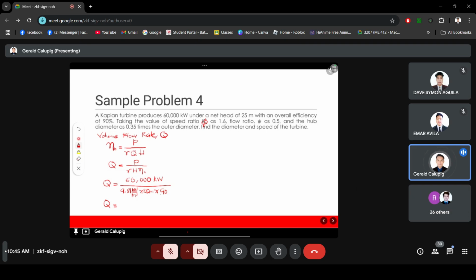Let's try to solve. We have here 271.8315 cubic meters per second.